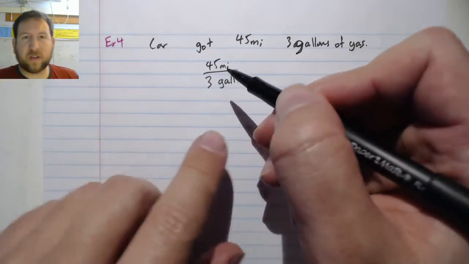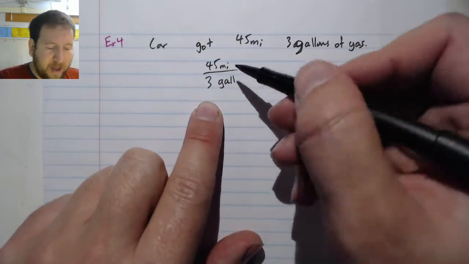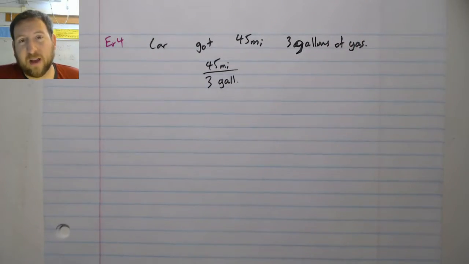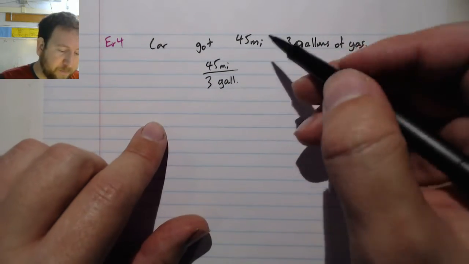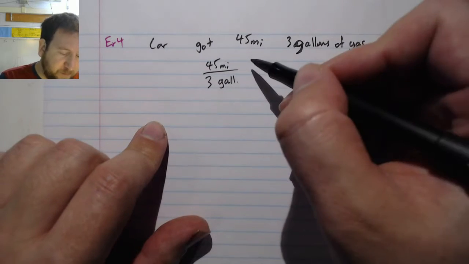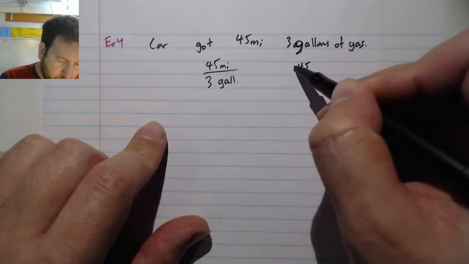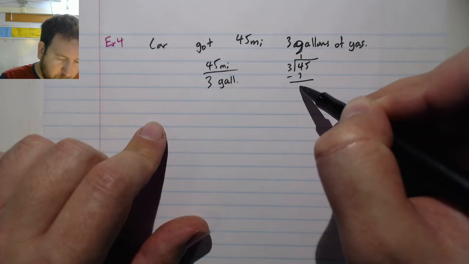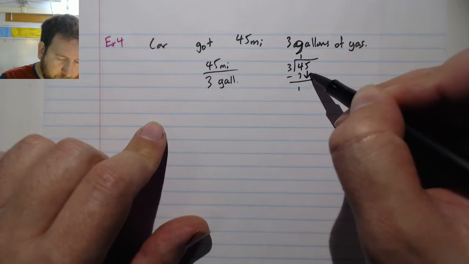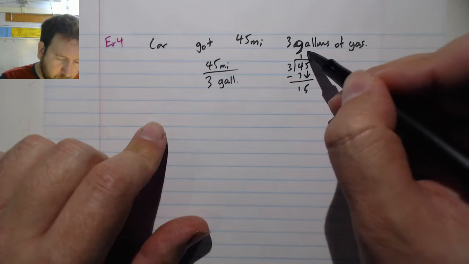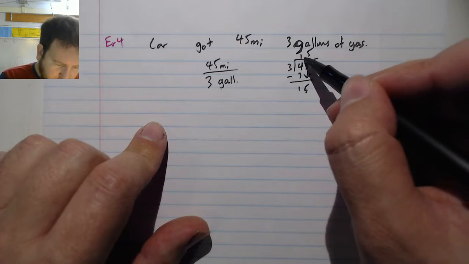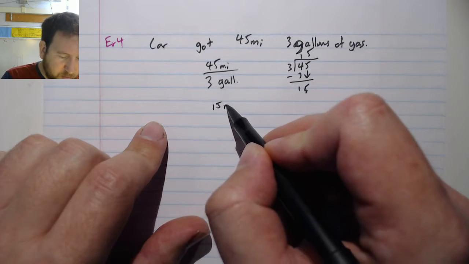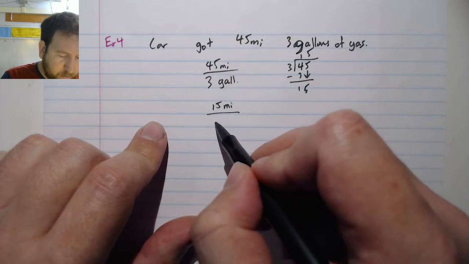And I'm just going to turn this into a 1 on the bottom. And it's easy. I can just do 45 divided by 3 instead of simplifying, because sometimes you might not be able to simplify at all. So 45 divided by 3 looks like 15. So I have 15 miles for 1 gallon.